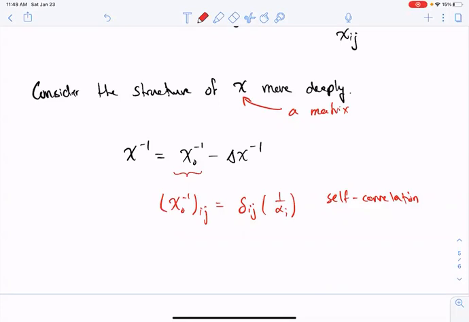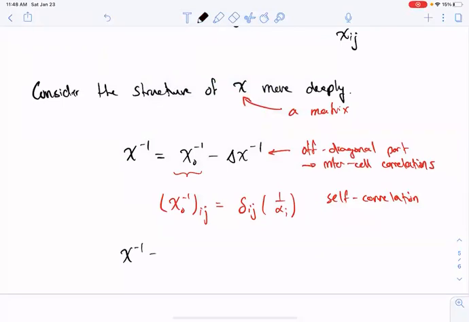That means that delta chi is what encodes all of the correlations, the off-diagonal part. It encodes those intercell correlations. Now let's do a little bit of matrix algebra.